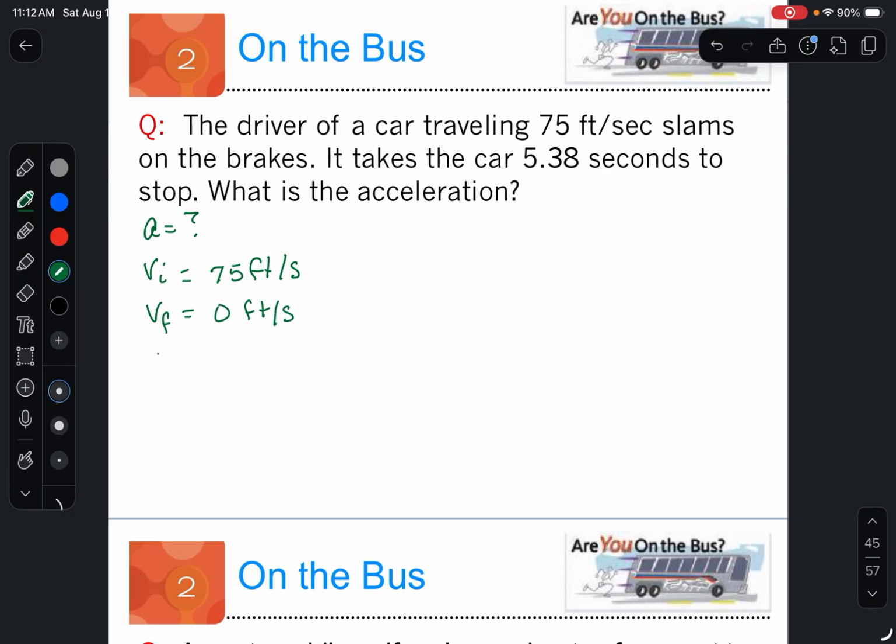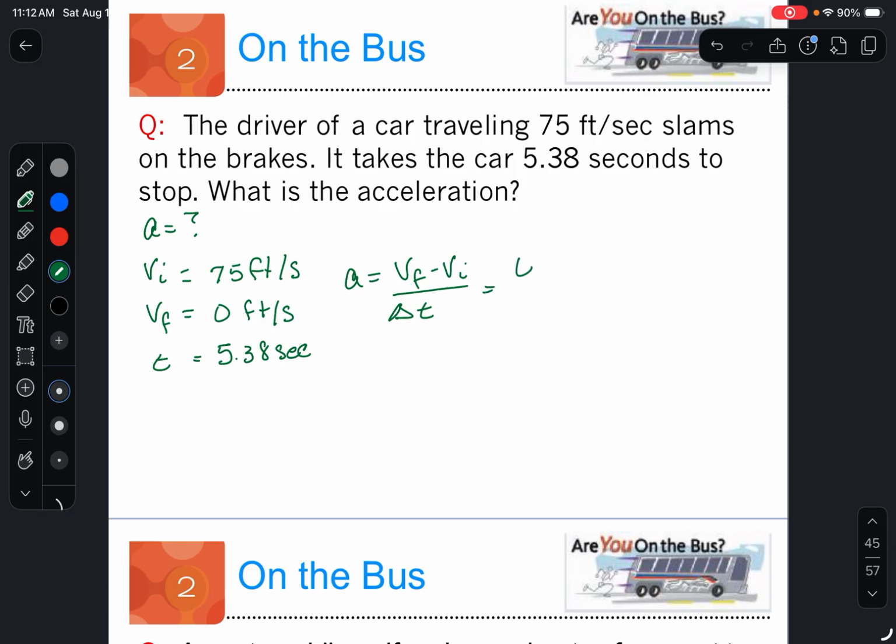And it does that in 5.38 seconds. So we know our acceleration is velocity final minus velocity initial over delta t.